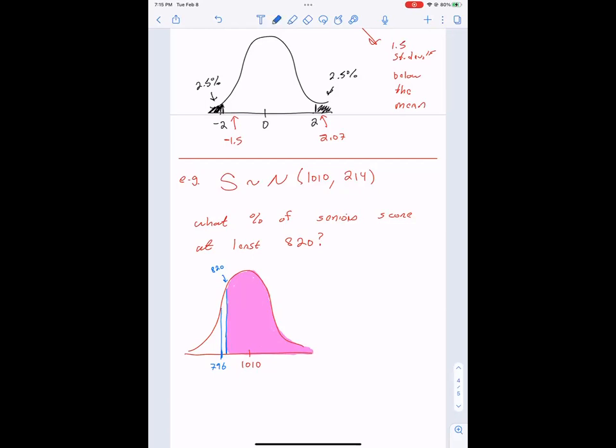Now, even if we don't do any math, could someone give me a lower bound for my answer? It's definitely at least this number. At least 50%, because if I just take the right half of the curve, it's already 50%.